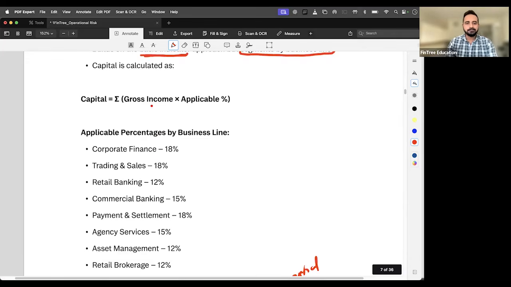So how are you going to calculate the capital? We calculate gross income from that particular business line multiplied by the applicable percentage capital requirement. For example, under corporate finance, you had to allocate 18% capital to your gross income.